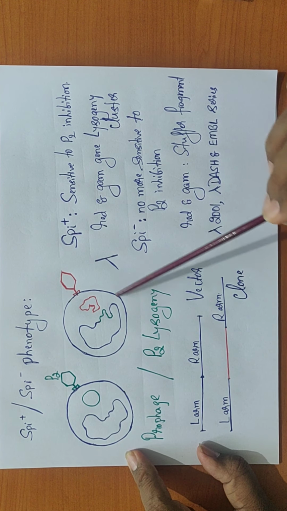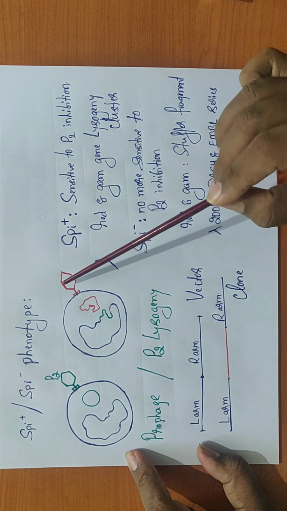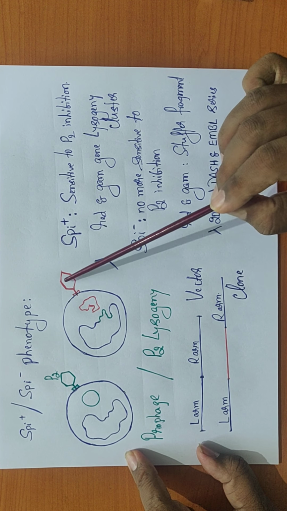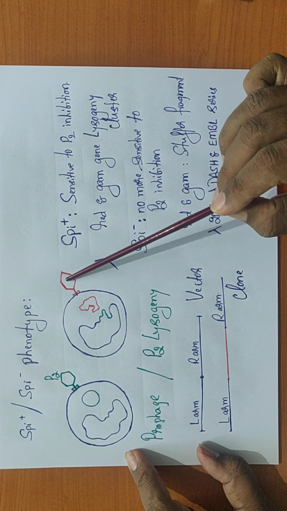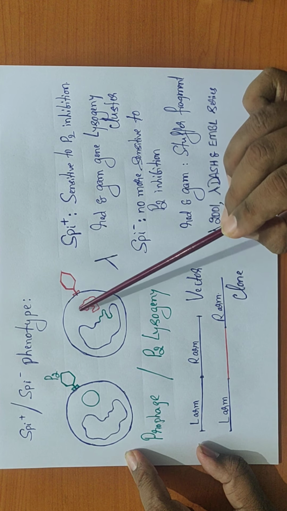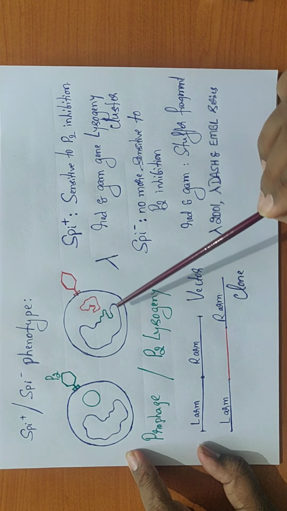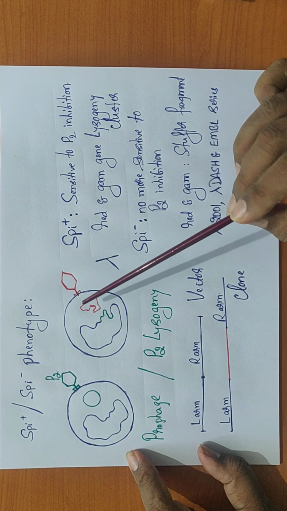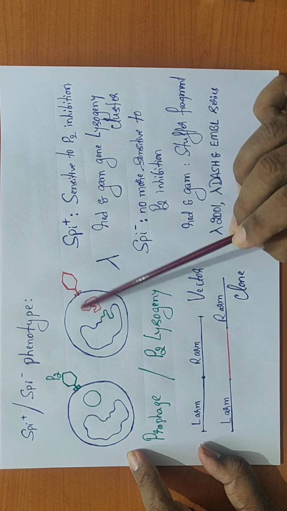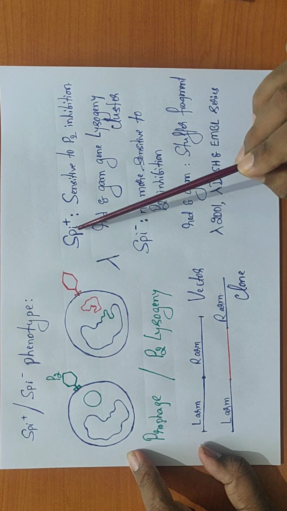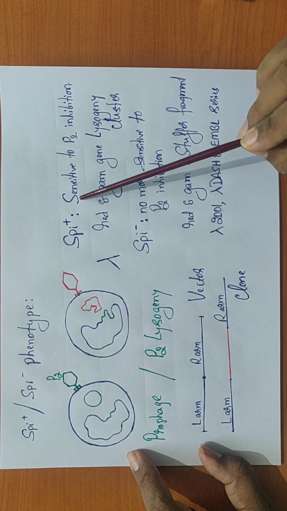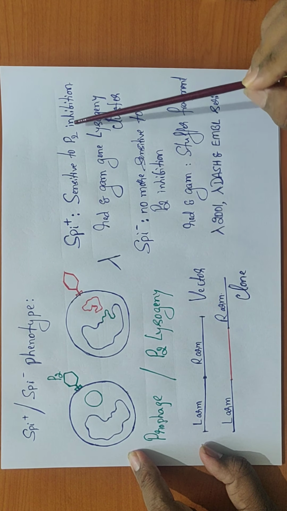Now in this P2 lysogeny host, when you infect with regular lambda DNA, it is unable to infect this P2 lysogeny. This phenotype is called SPI plus, meaning sensitive to P2 inhibition.